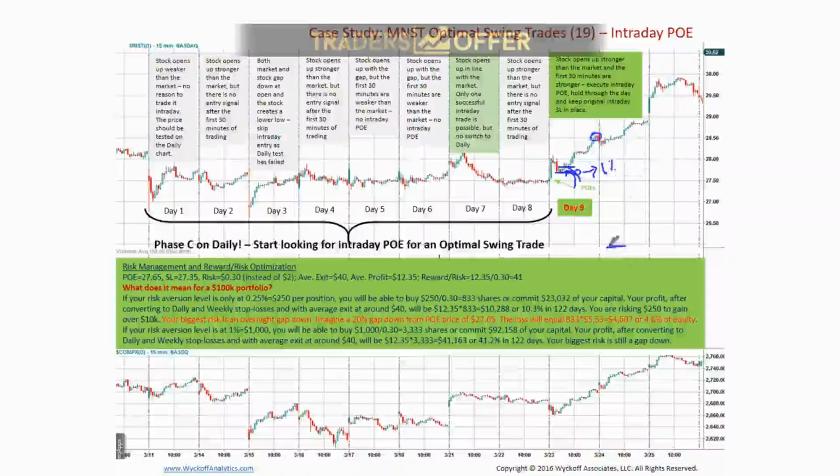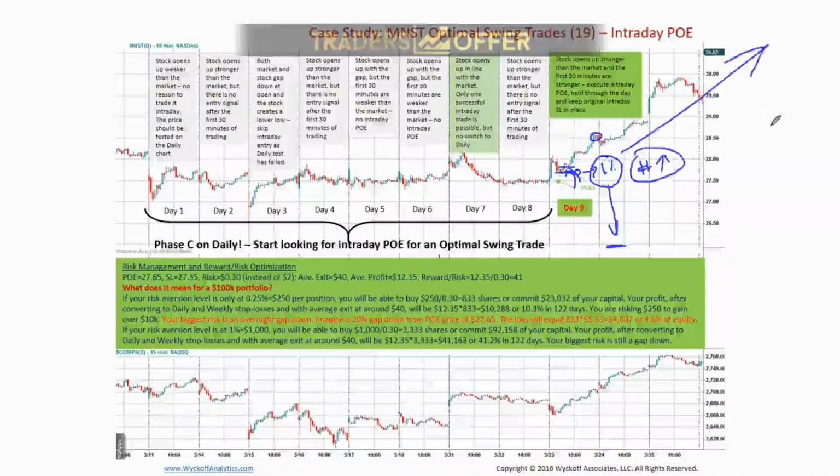And therefore, even if you have some kind of gap to the downside, your risk still stays at 1%, yet the number of option contracts that you're purchasing based on the entry and this possible intraday stop loss is going to drastically increase, and that's going to increase your position size and your profitability. Okay.